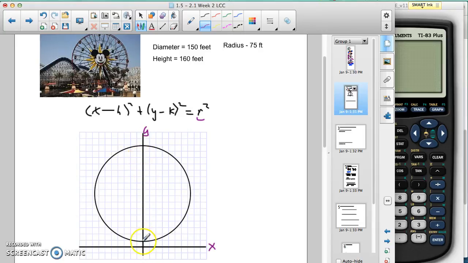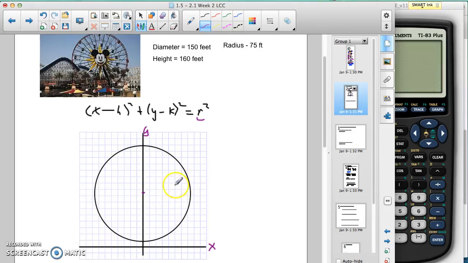So if we know it's 10 feet above and then it's 75 for the radius, that means that we should end up at 85 along the y-axis for the center. So we have 10, 20, 30, 40, 50, 60, 70, 85. So the center should be right around this point on the graph.